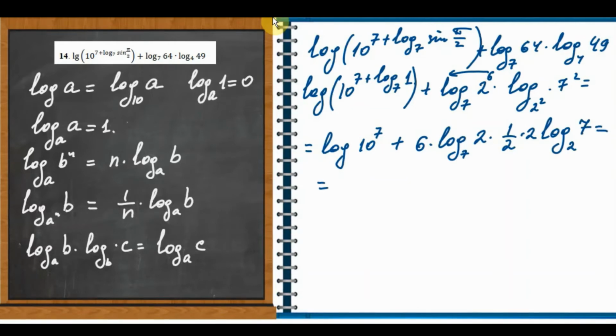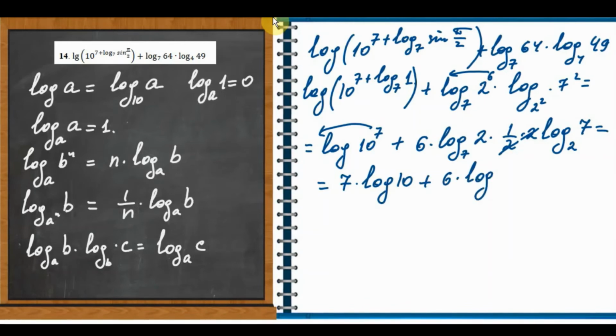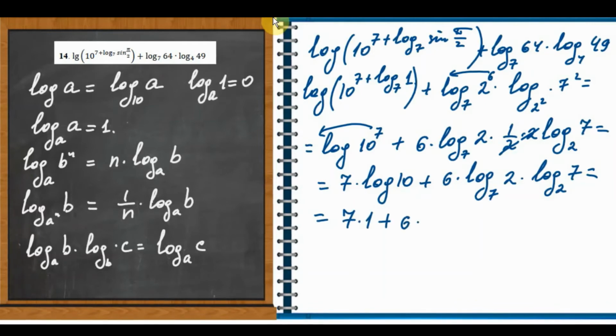Right, let's continue. We know that they are coefficients. We can cancel them out, and we can take 7 in front of log 10 and plus 6 multiplied by log base 7 of 2 multiplied by log base 2 of 7 is equal to, we know that the base is equal to 10, so we will write 7 multiplied by 1 plus 6 multiplied by, we can cancel and write log base 7 of 7.